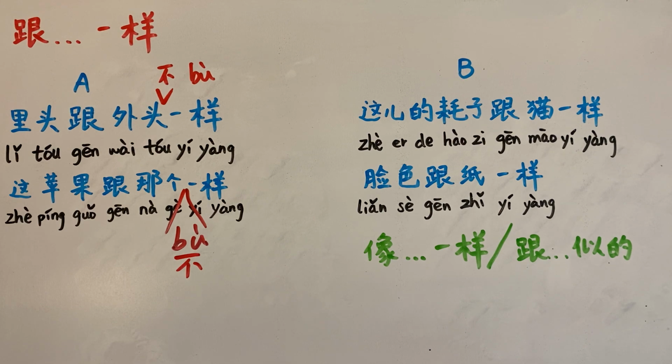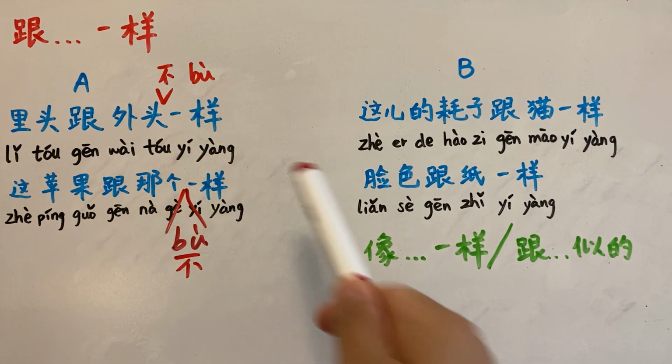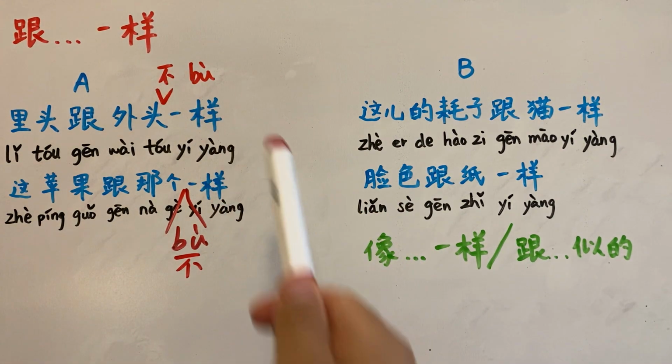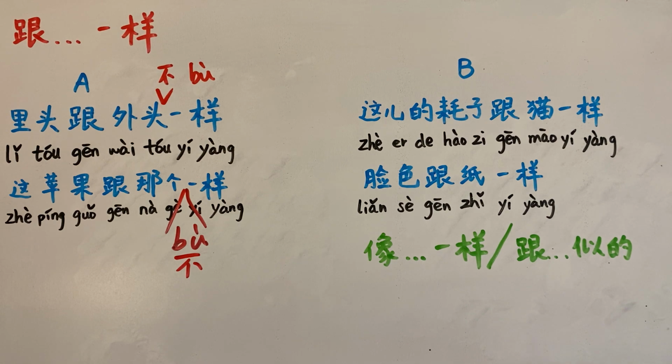这苹果跟那个不一样, 不一样, right? You stress 一样 or you stress 不一样. 里头跟外头不一样, 这个苹果跟那个苹果不一样. But it is not correct to add these negative forms in group B phrases, right?